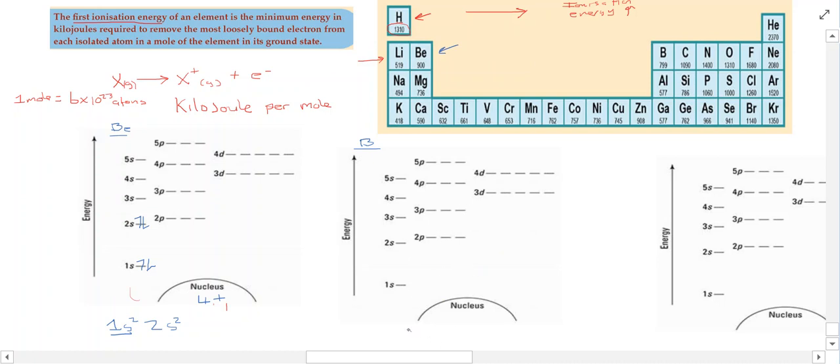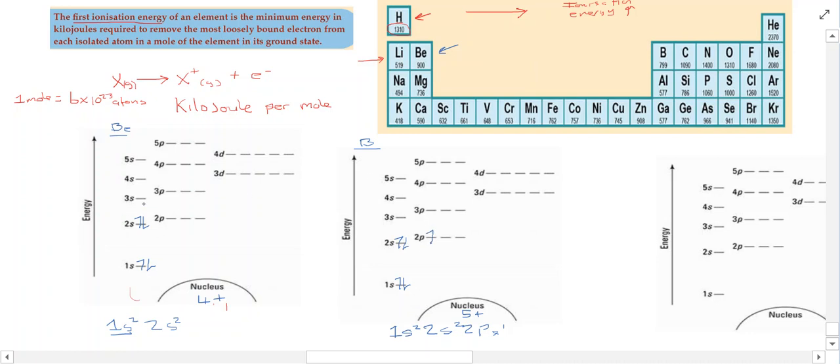Now if we look at boron, the electronic configuration for boron is 1s2, 2s2, and 2px1. So it has 5 positive charges, 5 plus, and then its electrons are arranged like this: 1, 2, 3, 4, and then the 5th one is up here like so.